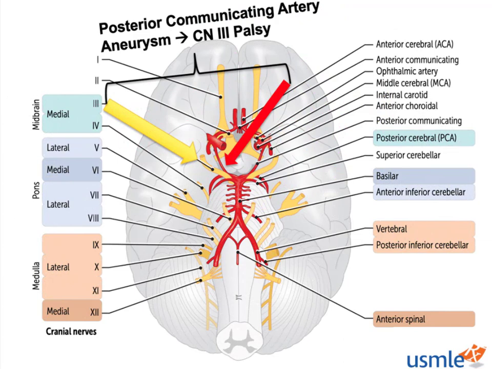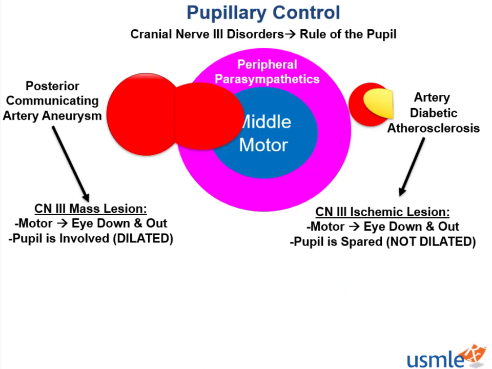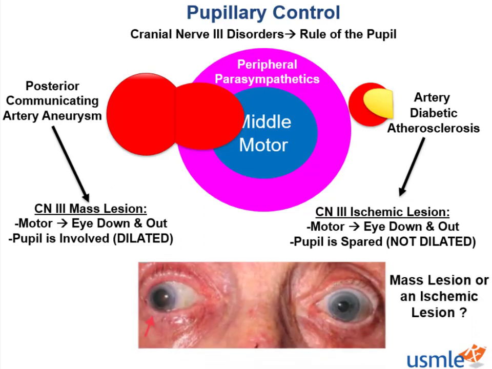The yellow arrow denotes cranial nerve 3 and the red arrow denotes the posterior communicating artery, which can develop an aneurysm that pushes directly onto cranial nerve 3 due to their proximity. With that background, let's apply the rule of the pupil in this patient. Do they have a mass or ischemic lesion of cranial nerve 3?